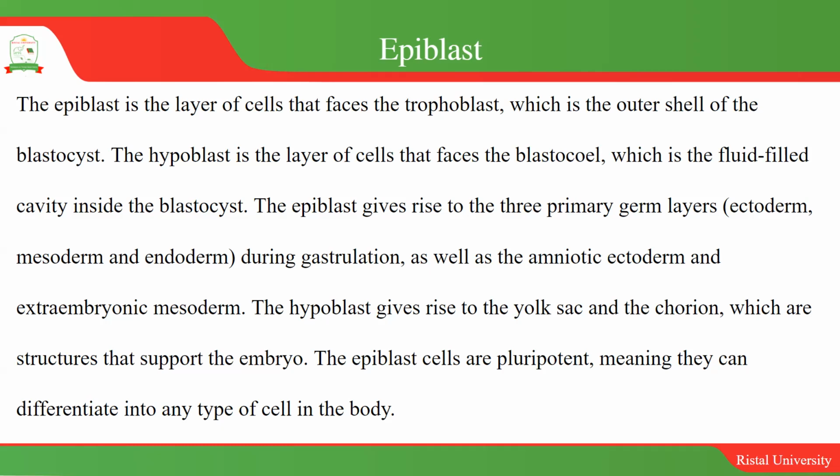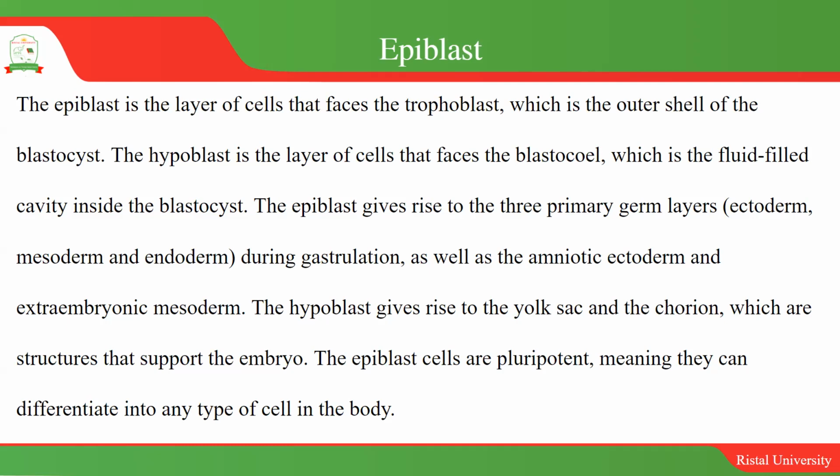Okay, the epiblasts give rise to the 3 germinal layers that we talked about, that give rise to different organs and tissues of the body: the ectoderm, mesoderm, and then the endoderm. The hypoblasts give rise to the yolk sac and the chorion, which are structures that actually support the embryo.